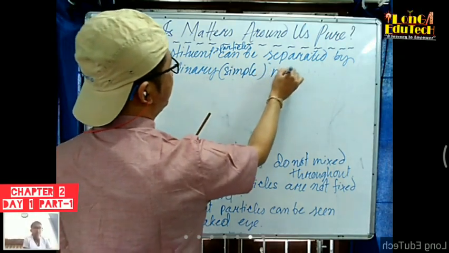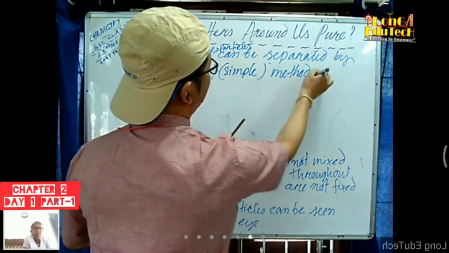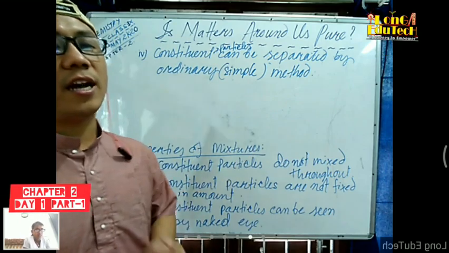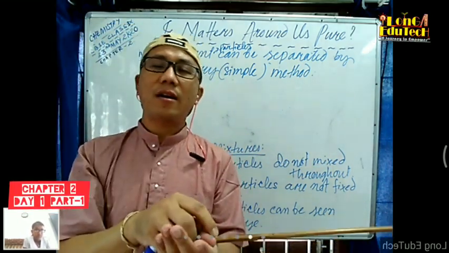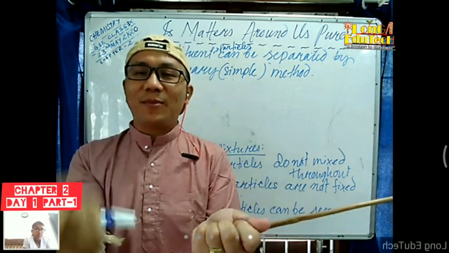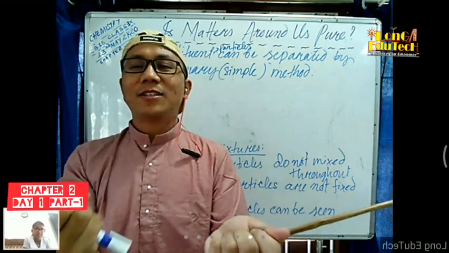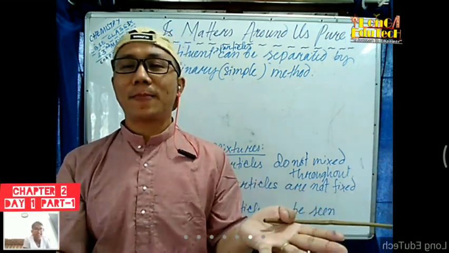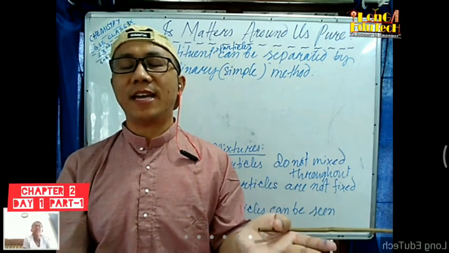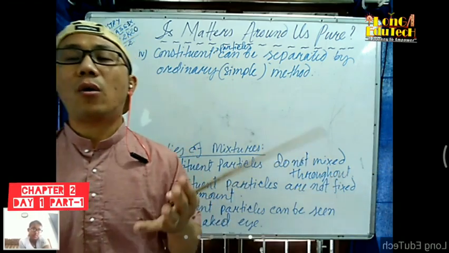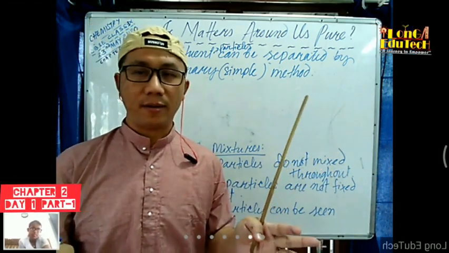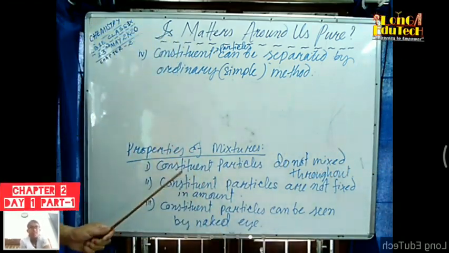For example, when you mix sand and stone, just by hand picking you can remove them. That is the ordinary method. No scientific appliances are used. So that is called the ordinary method. Clear?